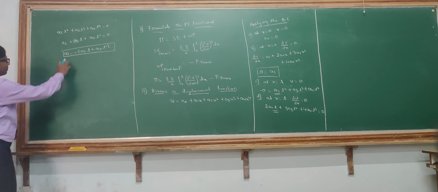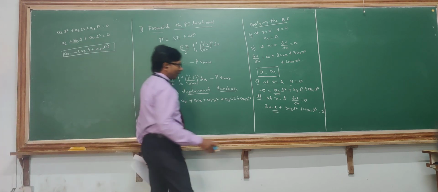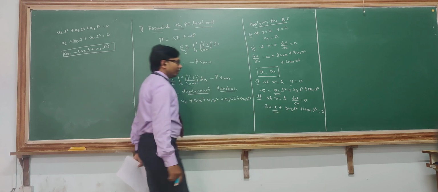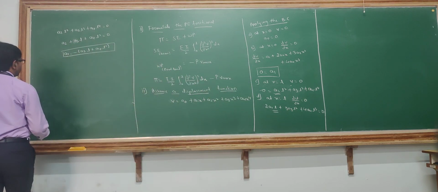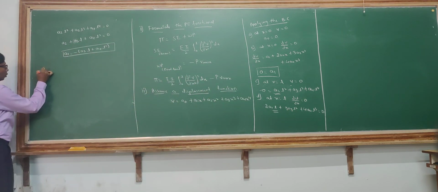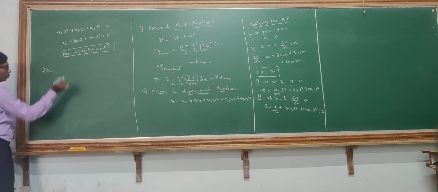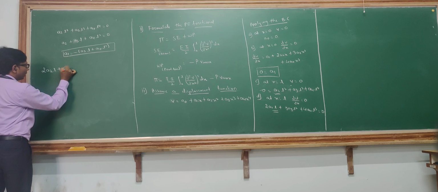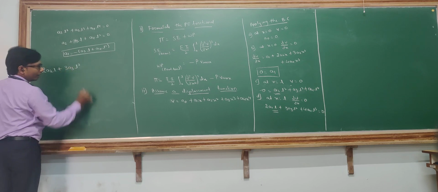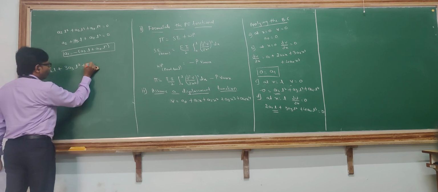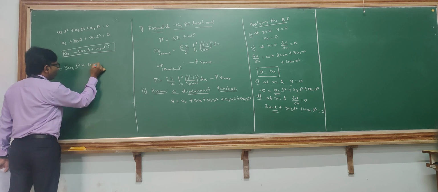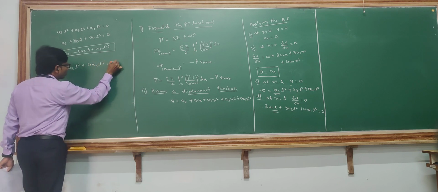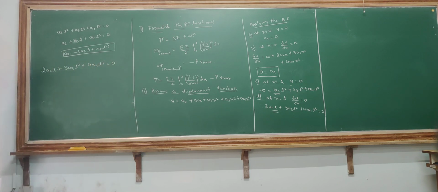So then I'll substitute A2 in this particular equation. I'll be getting the A3 in terms of A2. So what I'll do is, I'll write the first equation: 2A2L plus 3A3L square plus 4A4L cube is equal to 0. So this is the equation.